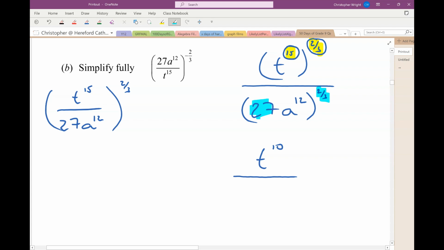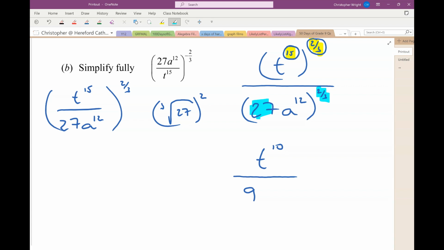Well, that's going to be the cube root of 27 squared. So the cube root of 27 is 3, and if I square that, I get 9.